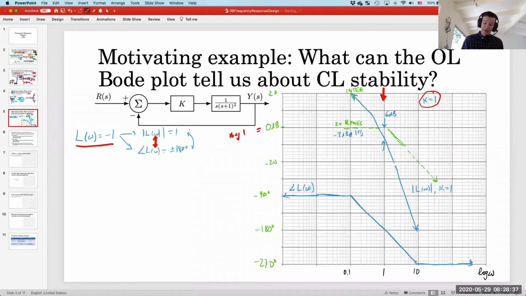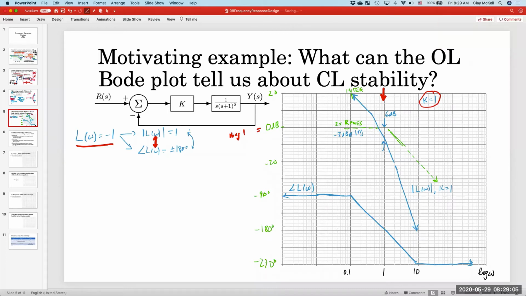But given this picture, we can actually figure out how much it would take to make the system unstable. Do you follow me there? What would I have to do to the magnitude curve to recreate that kind of 0 dB and minus 180 degrees of phase at the same frequency? What would I have to do to it? Make k be an offset of plus 6 dB. Exactly.